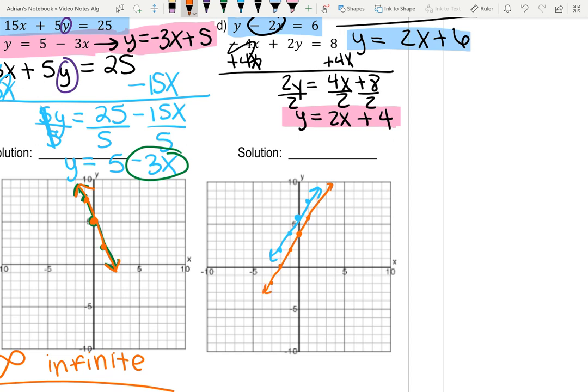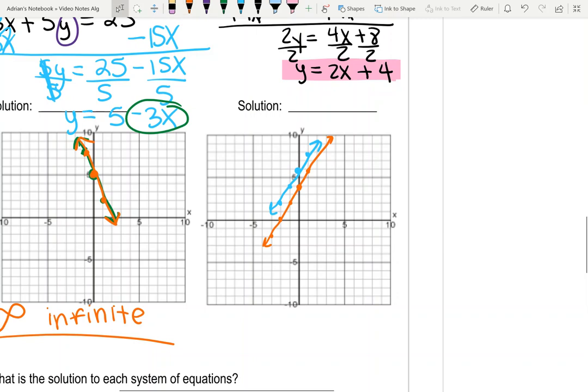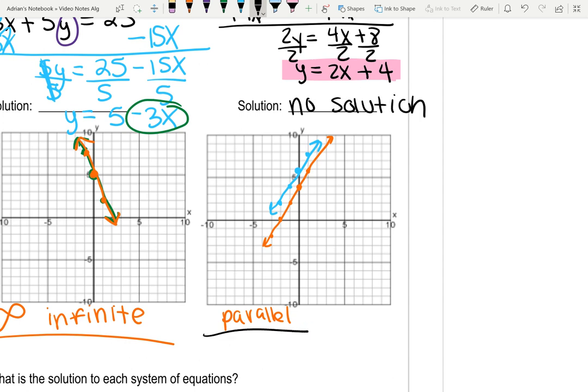And if you know something about lines that have the same slope, it means that they are parallel, and that means that they're never going to touch. So no matter how far I draw this line, either one, they will never touch. So that means that we have no solution. And that will happen every single time you have parallel lines. So if you ever see the same slope but different intercepts, it's going to be no solution.